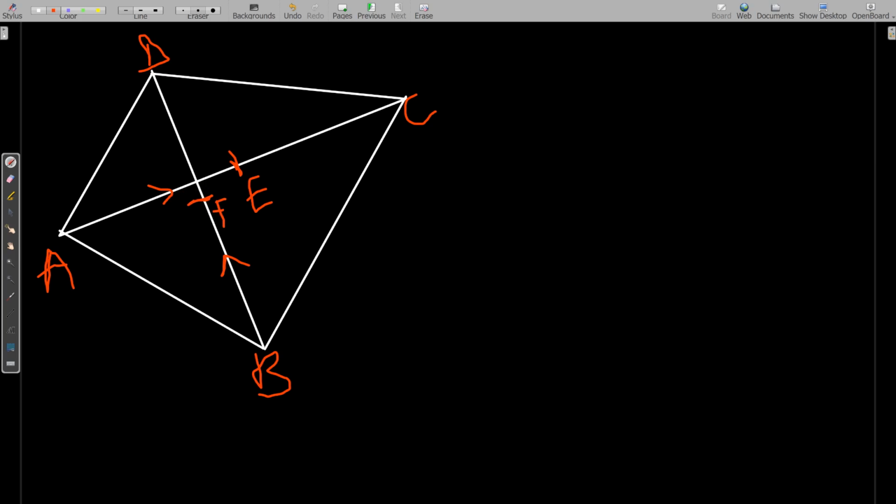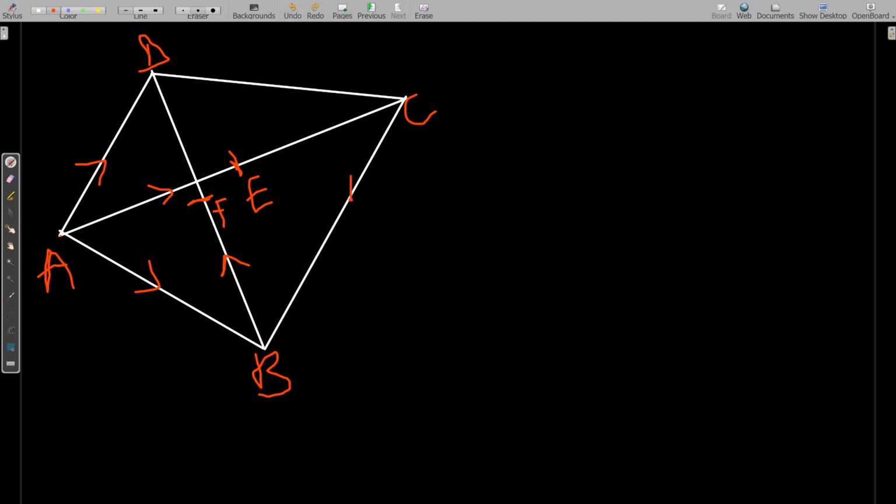Now with regards to this, we are seeing that AB is a force that is acting on A. So AB is going this way and AD is also going, so they are all acting at this point, going out.